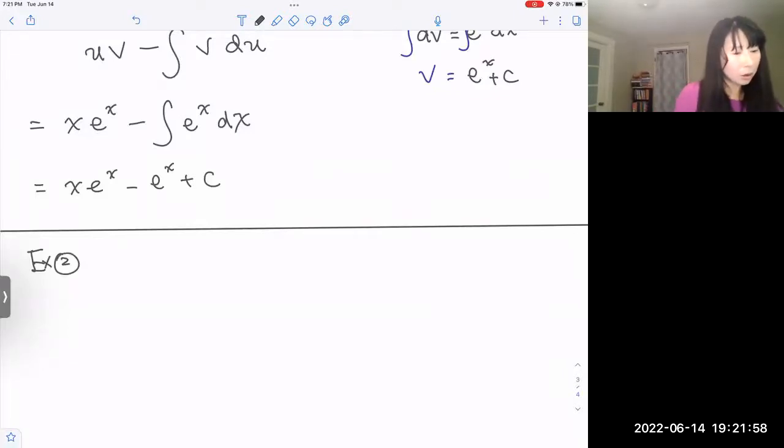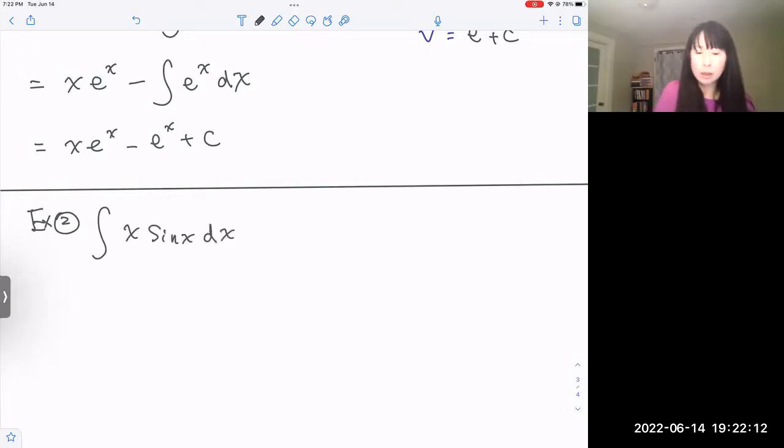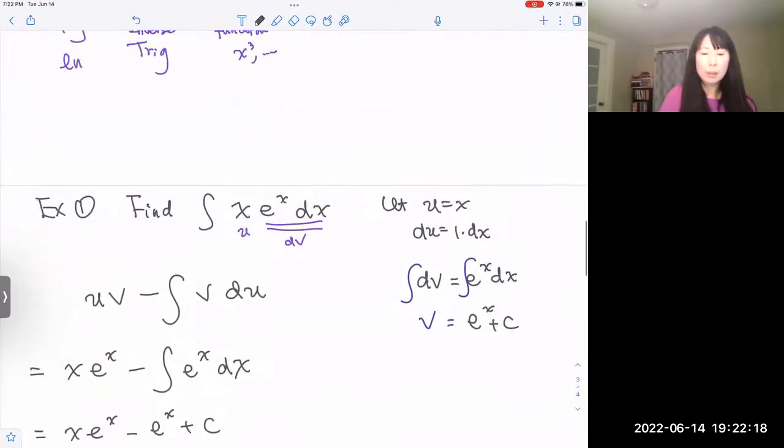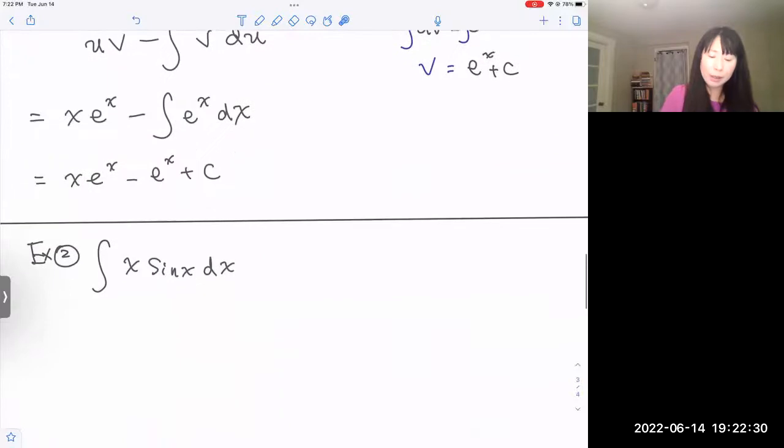Okay, number 2. This will be the integral of x sin x dx. Once again, look, there's a tip: algebraic comes earlier than trig. So we're going to use x as u, and the whole rest will be dv.